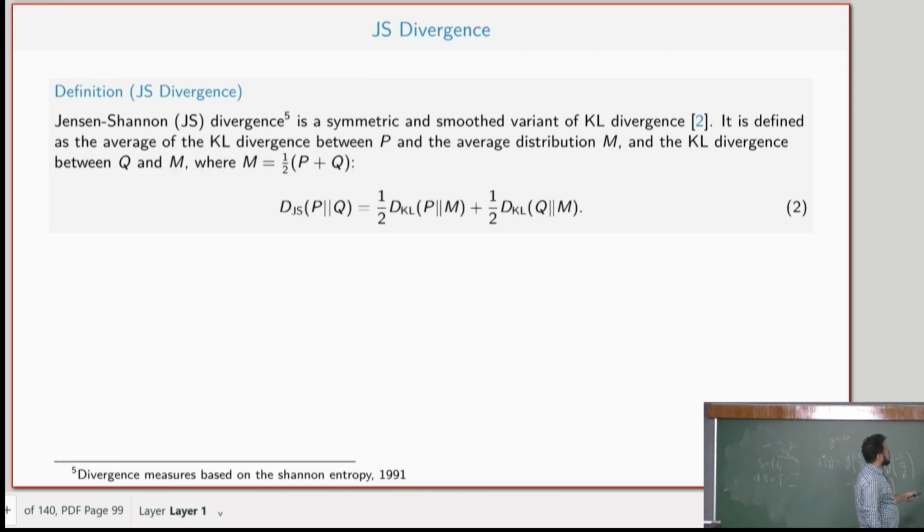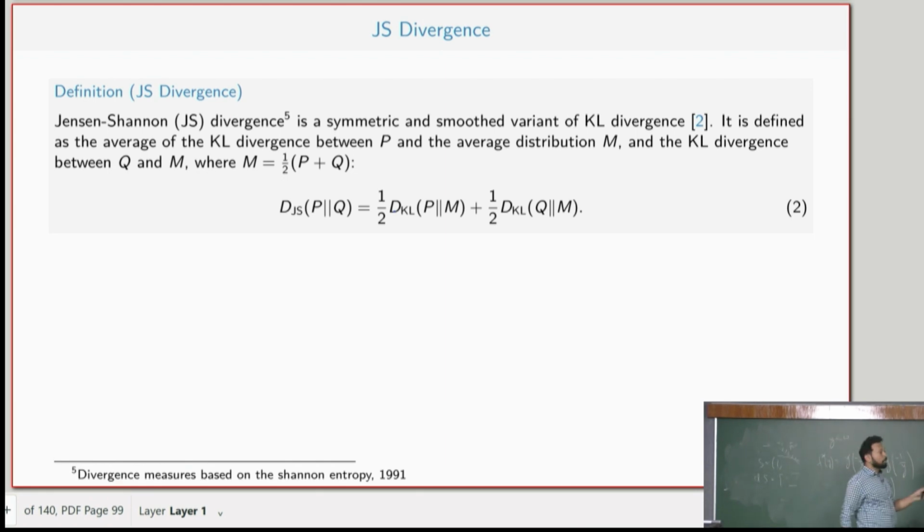It is defined like this, where you define an M separately, which is half of P plus Q, the distributions that we want to compare, and that M is used to make KL divergence symmetric. So this is KL divergence of P and M, but then you also do Q and M. And this is good because this makes it symmetric. Now if you do Q and P, due to symmetry, you can say that it's the same term, right? So you can now reverse.